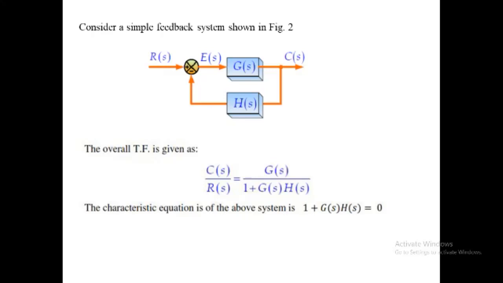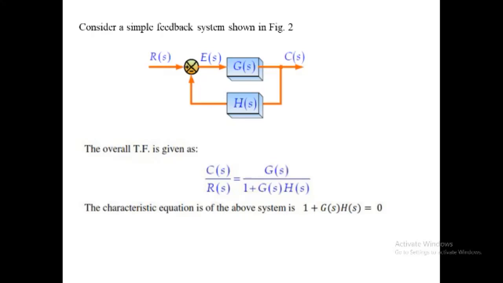The characteristic equation of a simple feedback system can be written as a polynomial: A0 S^N + A1 S^(N-1) + ... + A(N-1) S + AN = 0. There are two necessary but insufficient conditions for the roots of the characteristic equation to lie in the LHS of the S-plane.